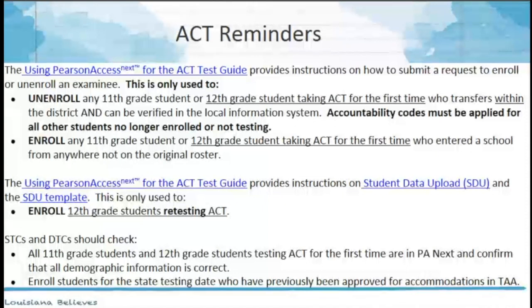Only request to unenroll a student who has transferred within your district and can be verified in your local information system. Accountability codes will be applied in PA Next after the testing window closes for all other students no longer enrolled at the school. If a new 11th or 12th grader has never taken ACT before and transfers into your district, you will request to enroll the student.